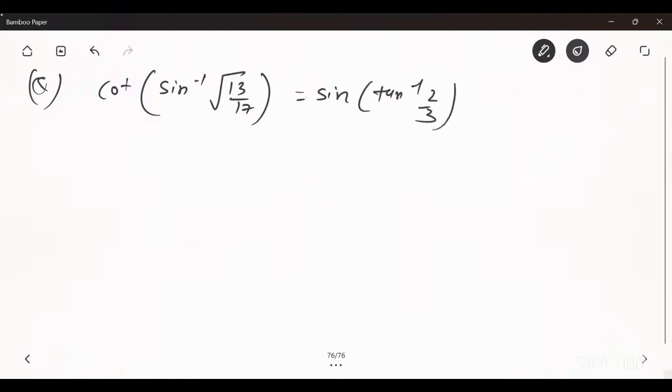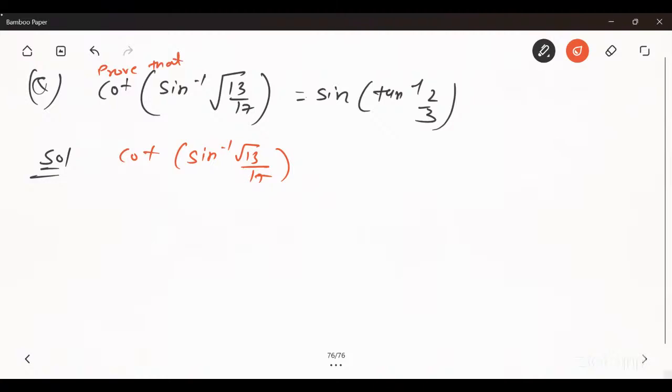We have to prove this. Okay, so the solution. Now taking cot of sine inverse root 13 upon 17.